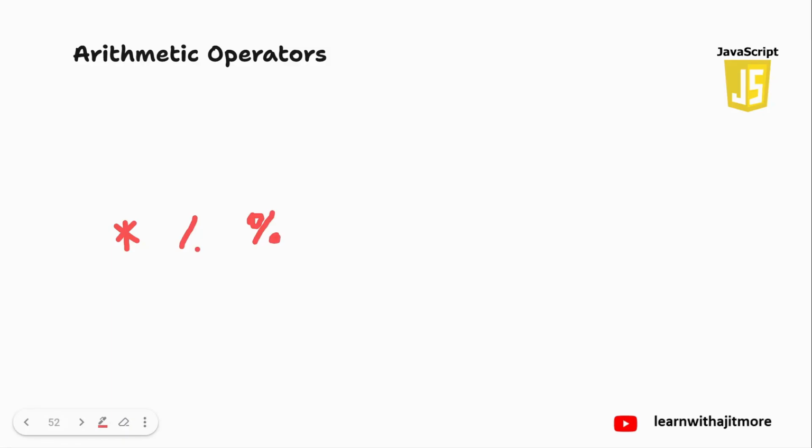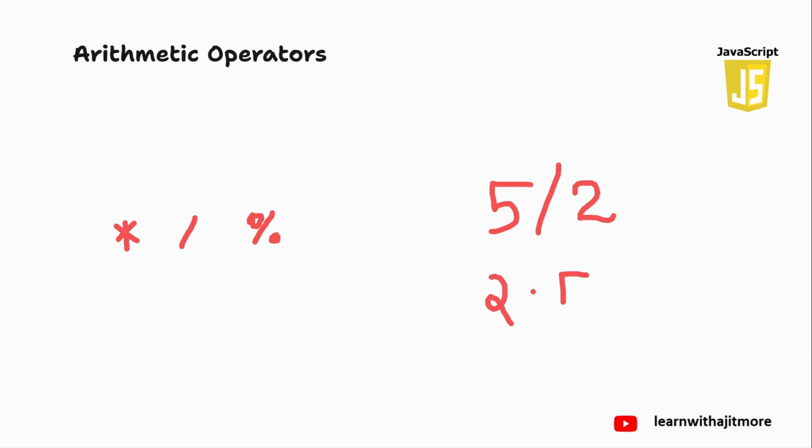Division is always float division. It is not like Java. If you are dividing 5 by 2, the answer is 2.5. In Java, when the numerator and the denominator are both integers, the answer is an integer, so you'll get 2. In JavaScript, it is still float. Number divided by number is floating.